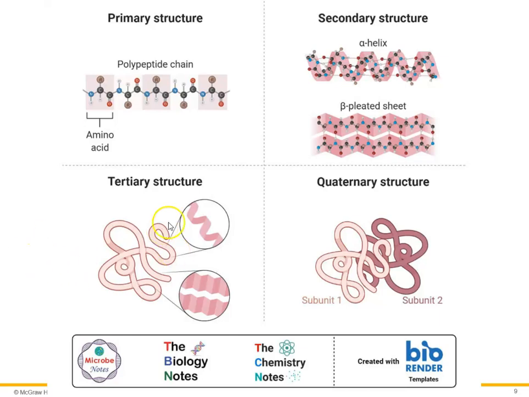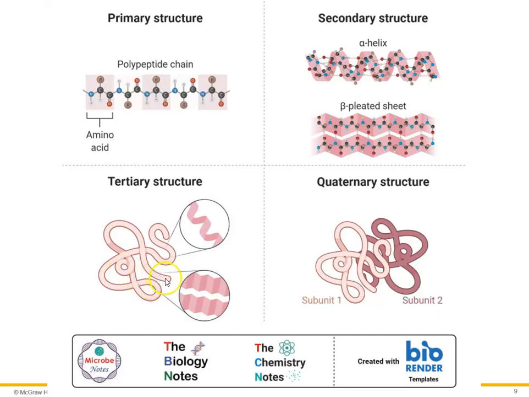Next, you have tertiary structure. So essentially what happens is these alpha helices and these pleated sheets, as they are bending, are going to interact with other pleated sheets and other alpha helices to cause the protein to fold even more. So here you can see the protein appears to be folded in kind of a random way.